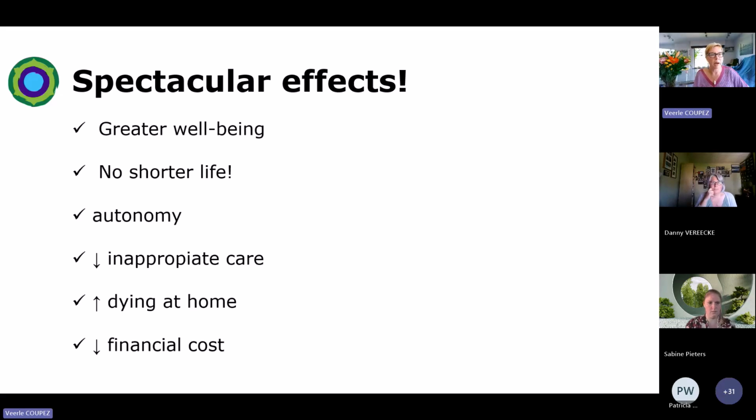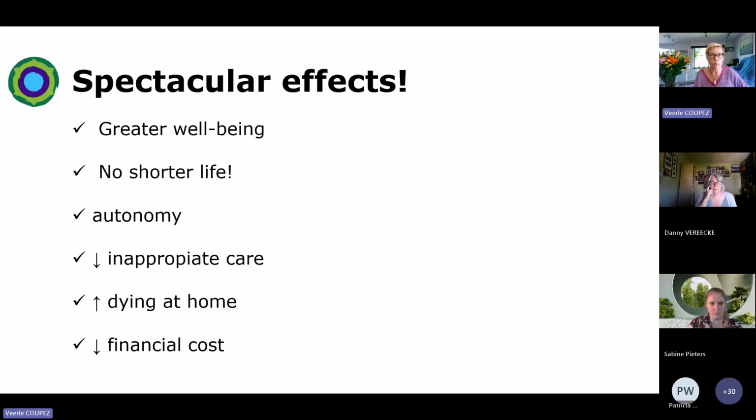What do we mean by inappropriate care? We mean admissions to the hospital in the dying phase, or to intensive care units, or doing a lot of diagnostic things or trials with patients. We see also that people tend to die more at home if they want to.